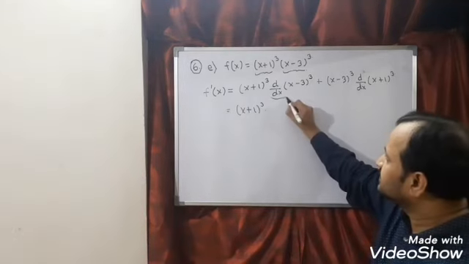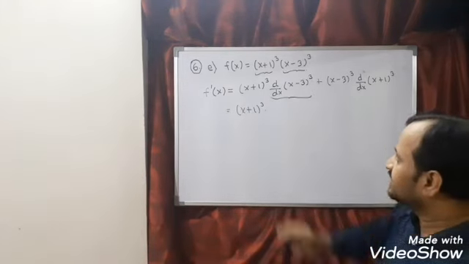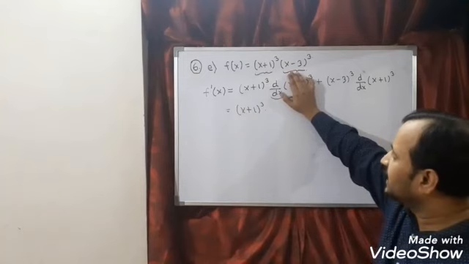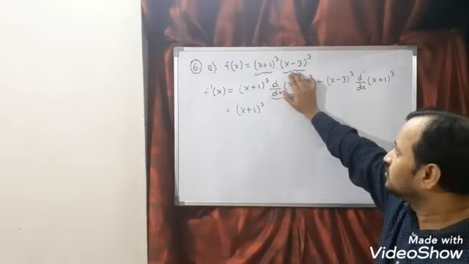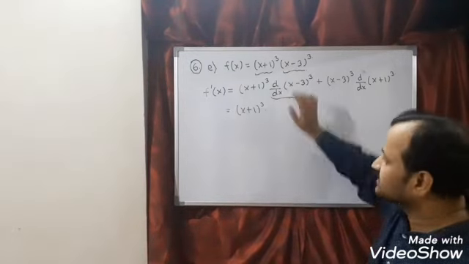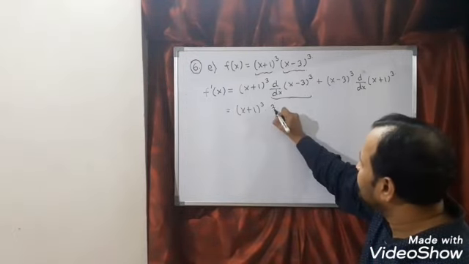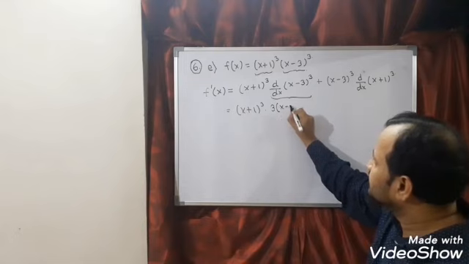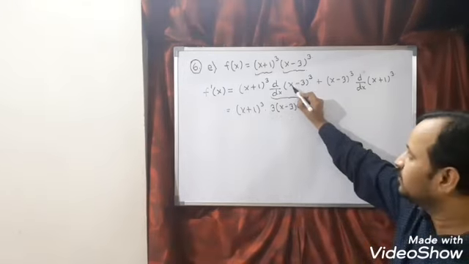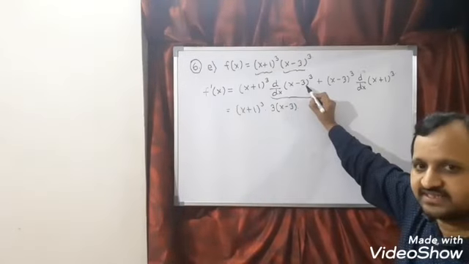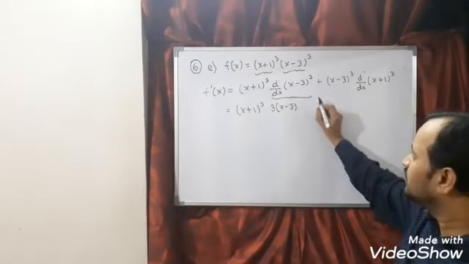How to differentiate this? Assume this to be x and the differentiation of x cube is what? 3x square. So apply. What you will get? You will get 3 into x minus 3 into differentiation of x, 1, differentiation of minus 3, 0, chain rule, plus.